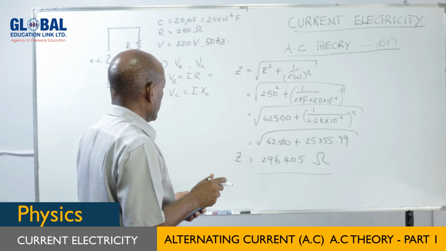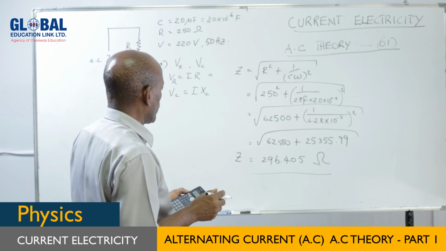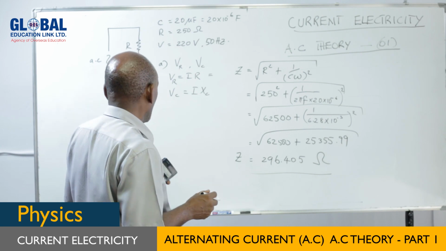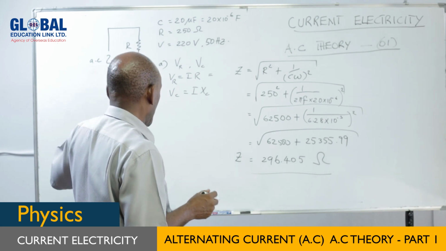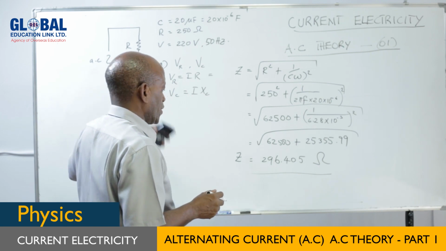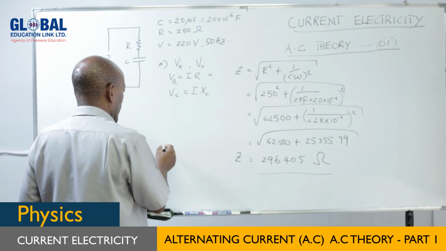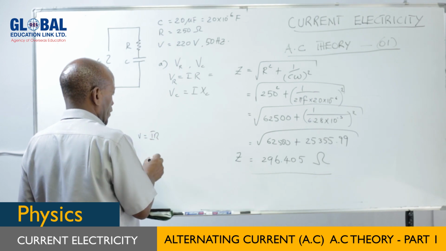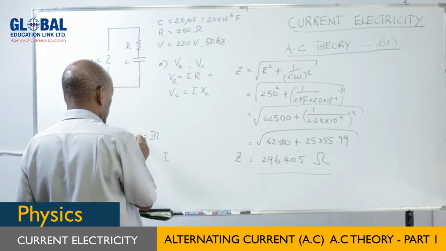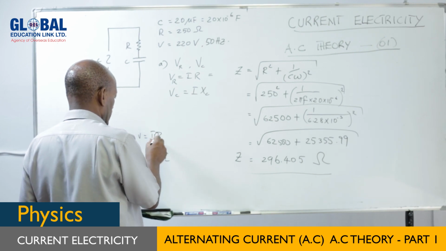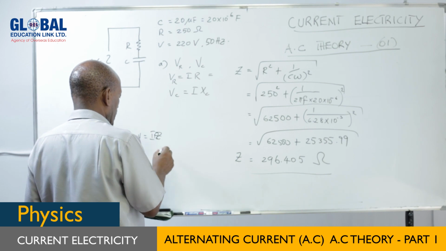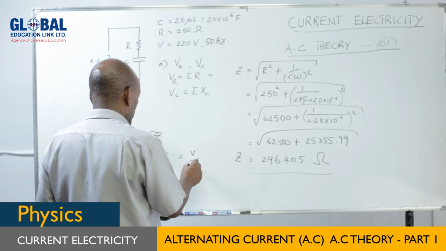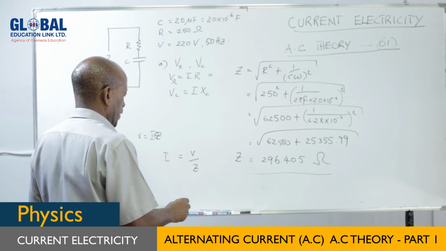And therefore this will be the impedance for the whole circuit. To get the current, we all know from Ohm's law that V is equal to I times R. So the current I, now instead of R, it's just the impedance. So the current I will just be equal to the voltage divided by the total impedance.